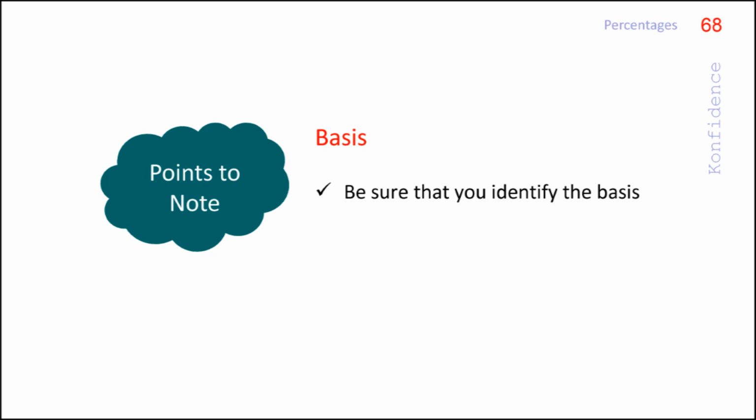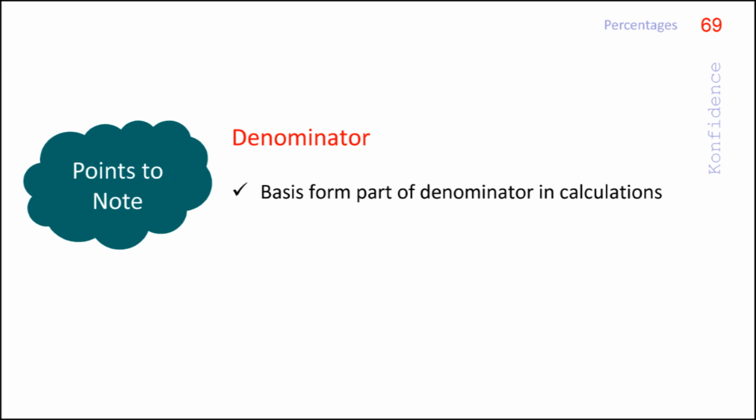As a good student and one who wishes to perform well, the points to note in the calculations of percentage problems are: basis. Be sure that you identify the basis properly. Look at the denominator. Invariably, the basis of calculations will form part of the denominator in the calculations.